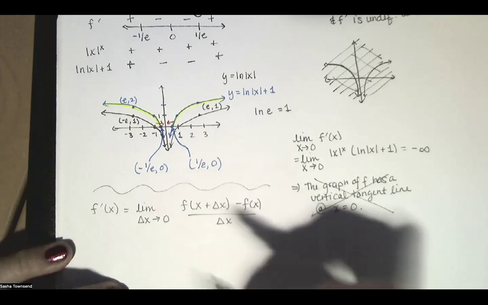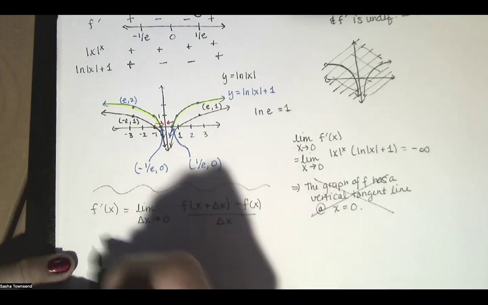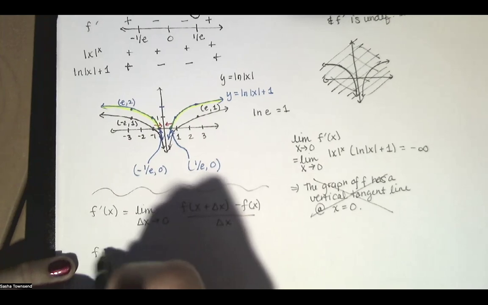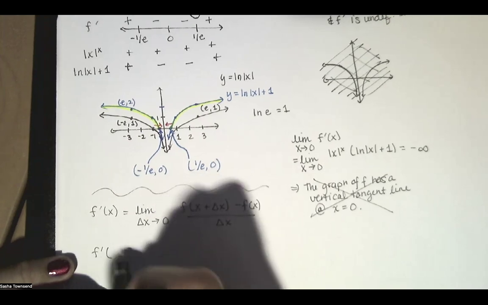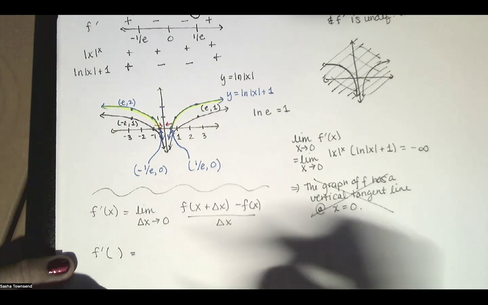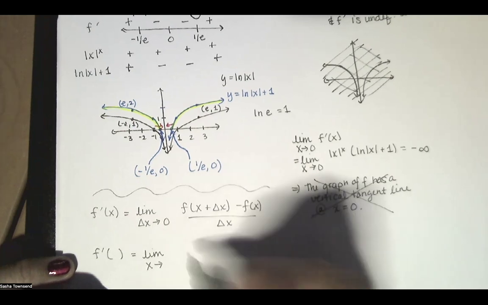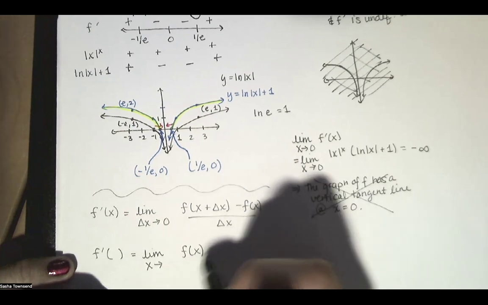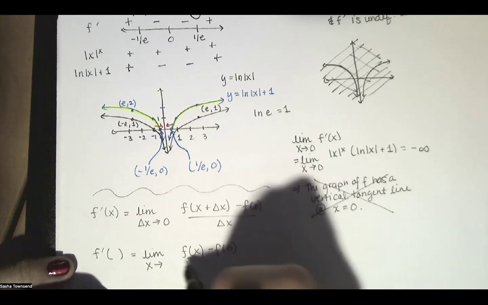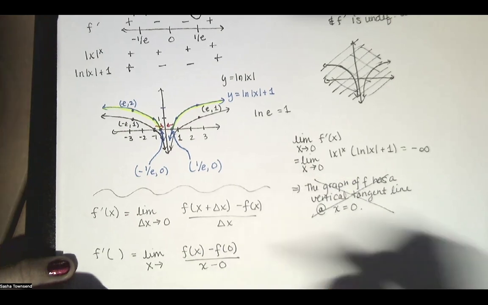So maybe rather than using this definition, we could use that. It might be easier to use this one. Let's look at the derivative at 0. So we'll take the limit as x approaches 0 of f of x minus f of 0 divided by x minus 0.